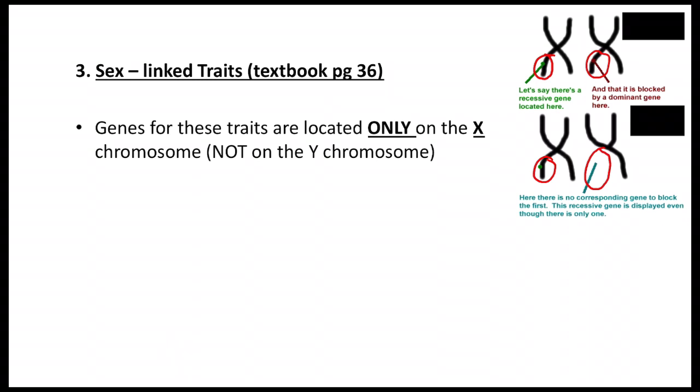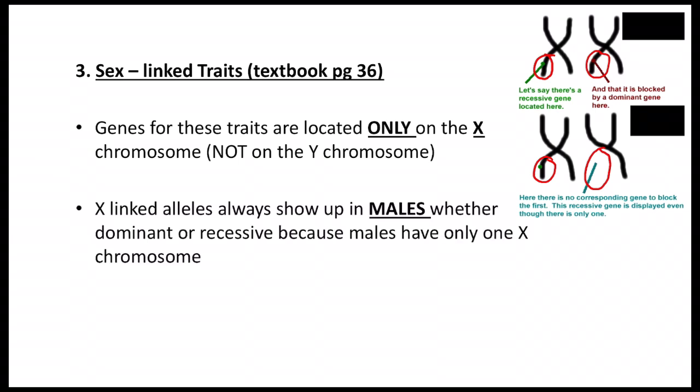There's no gene there that could block the recessive gene or mask it or hide it. So the recessive gene then gets displayed or expressed. So you do not need a second copy of the recessive because there is no dominant allele at all present to hide it. There's only one chromosome that it can be shown on.